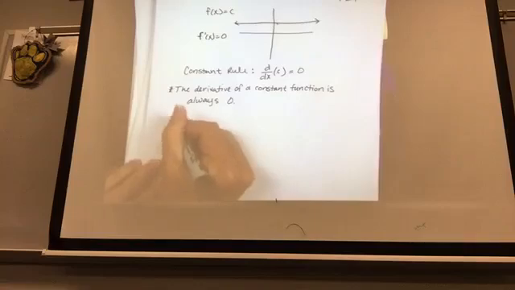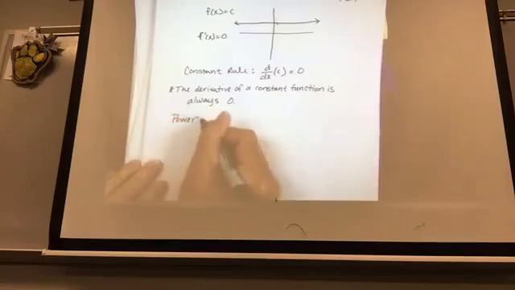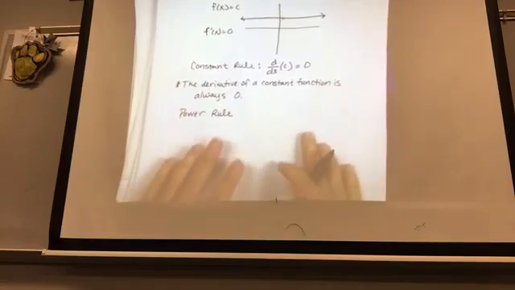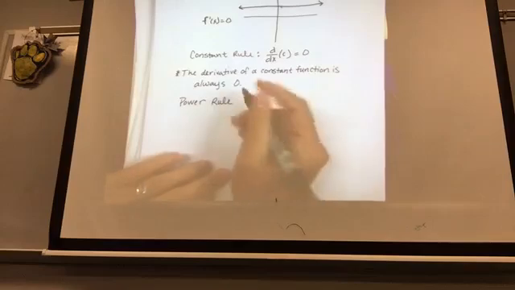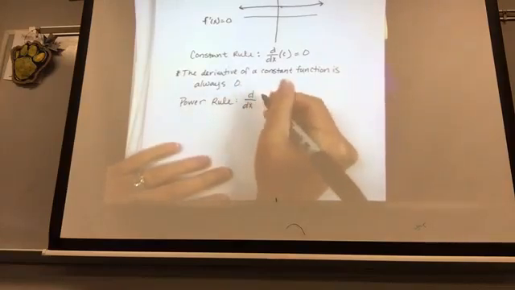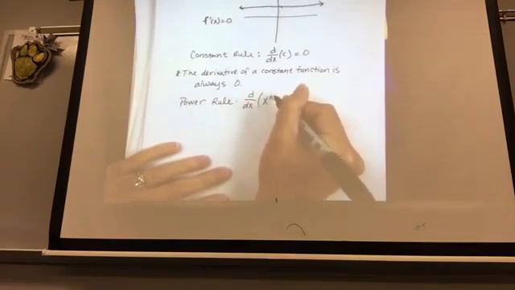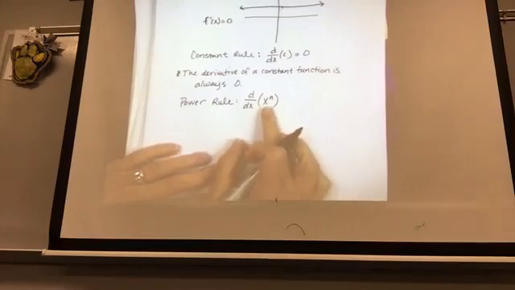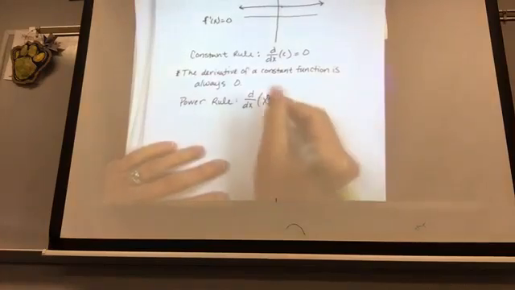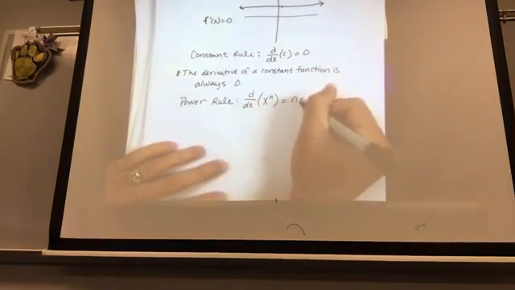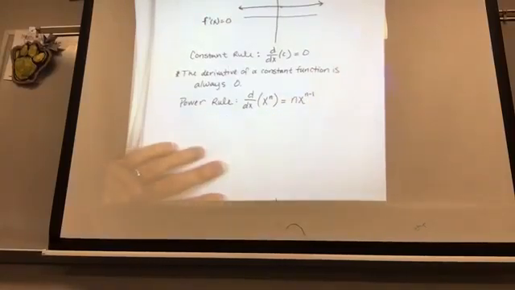And then our power rule. So to find the derivative of a power, so our rule, d over dx of x raised to the power of n, I can find the derivative of this by moving n to the front and multiplying it to x, so n times x, and then decreasing the power by 1.